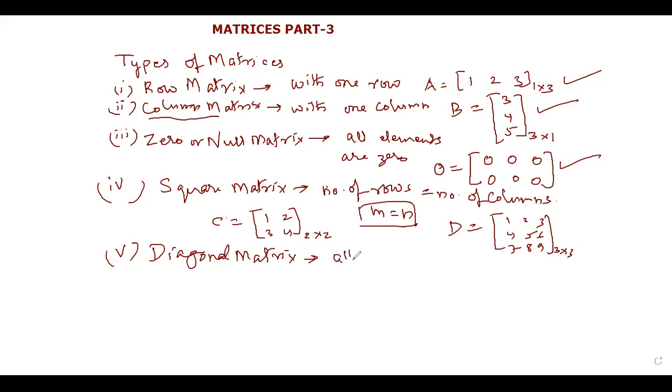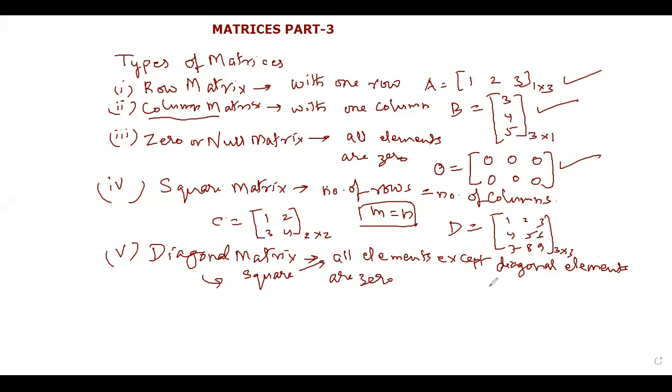All elements except diagonal elements are zero. Means it should be a square matrix. Diagonal matrix is always a square matrix with all elements except diagonal elements zero.